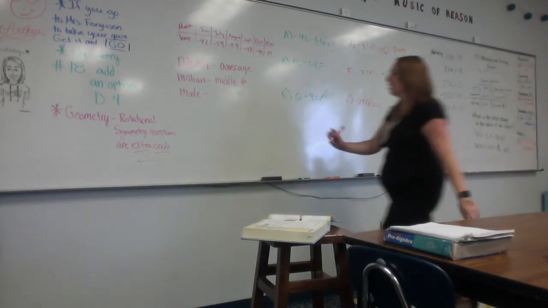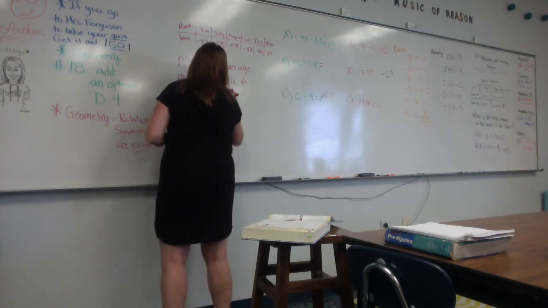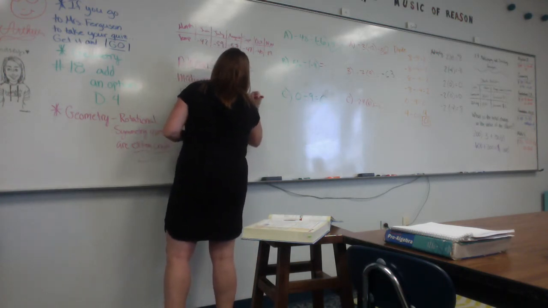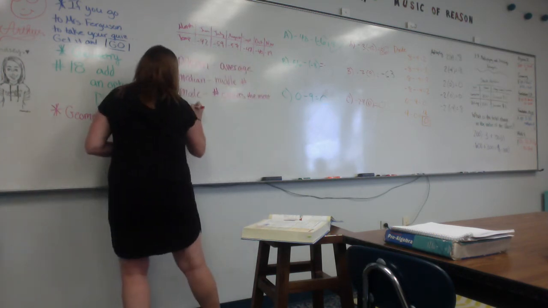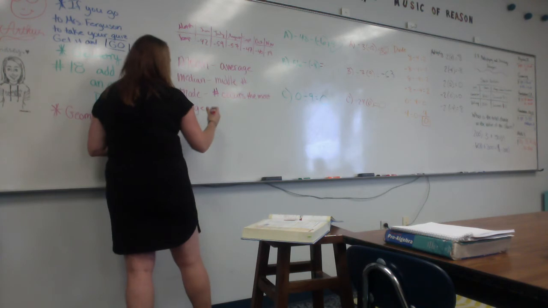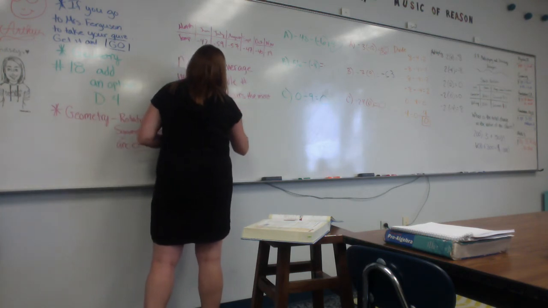Number occurs the most. And then the last term is the range. Range is highest number minus lowest number, right?